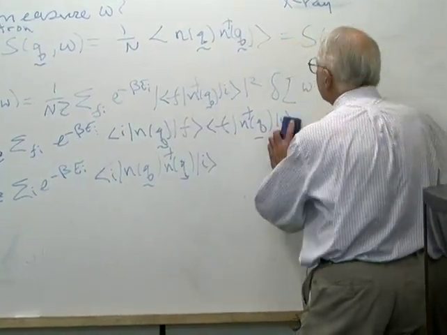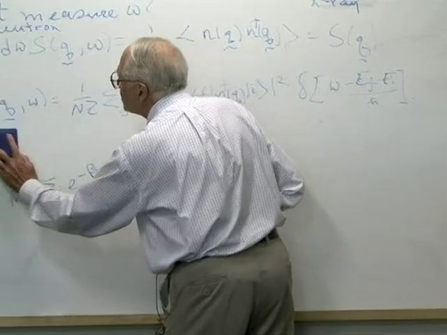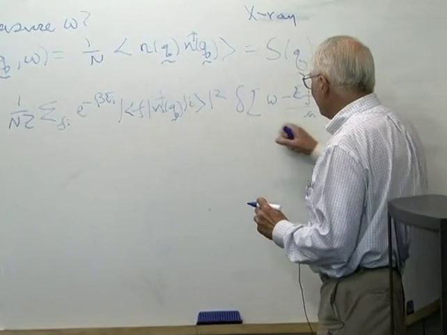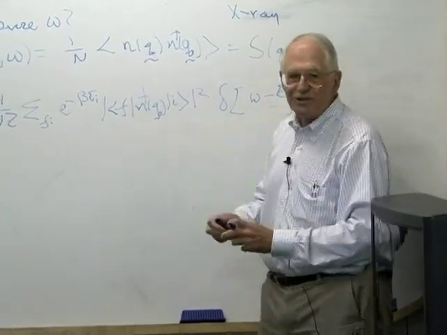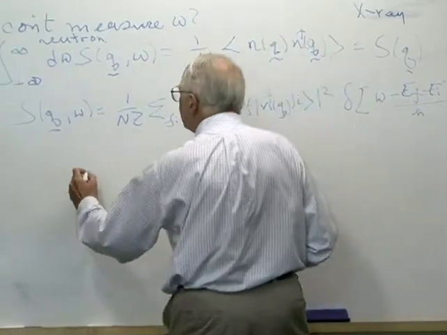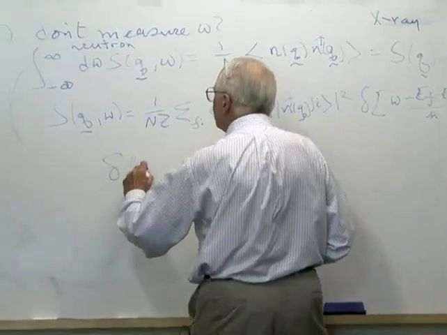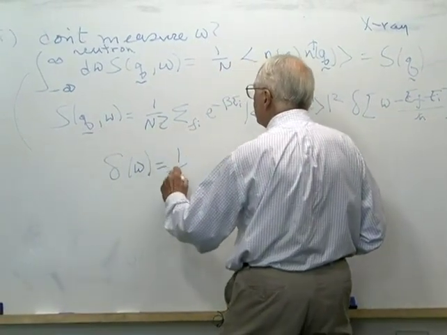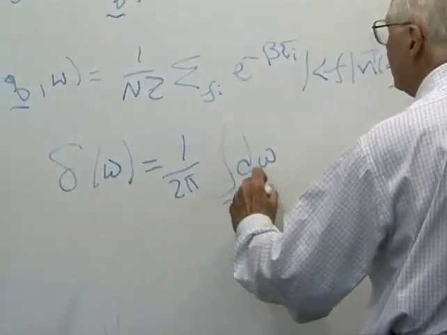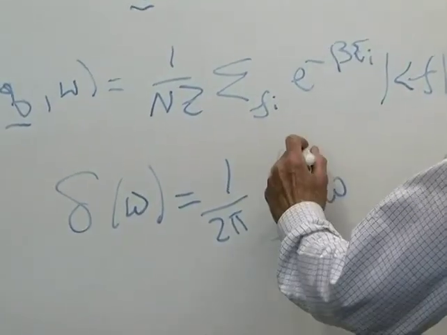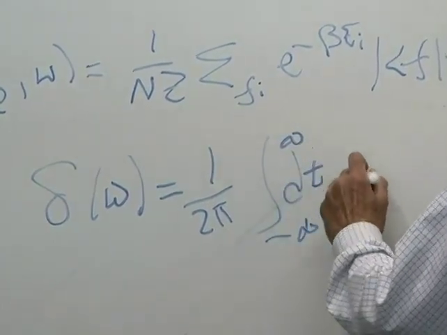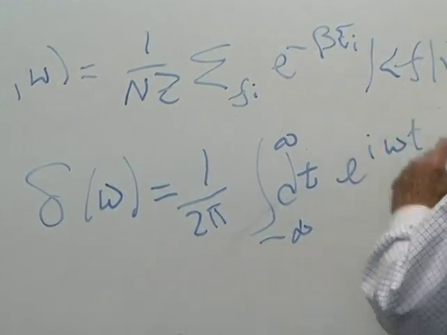So let me erase this. I mean, a lot of these are just tricks, but they're very powerful tricks. It's often convenient to write the delta function as a Fourier integral. So I'm going to write delta omega as 1 over 2 pi integral dt e to the i omega t.